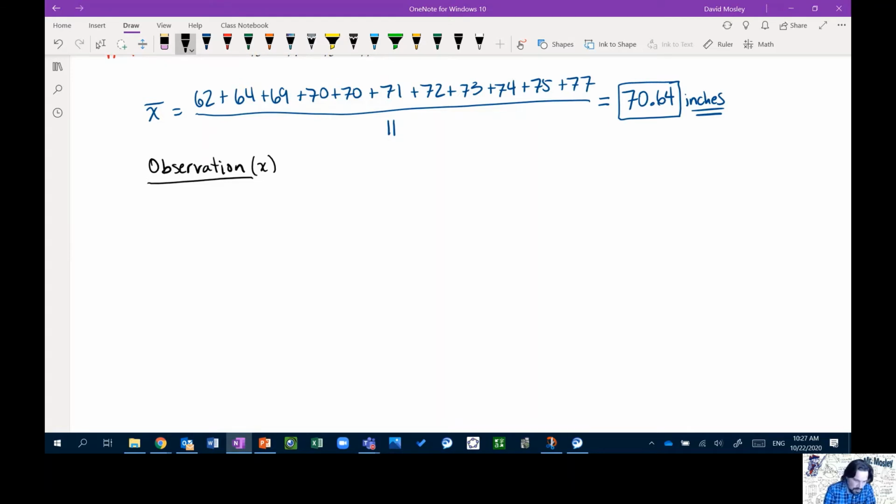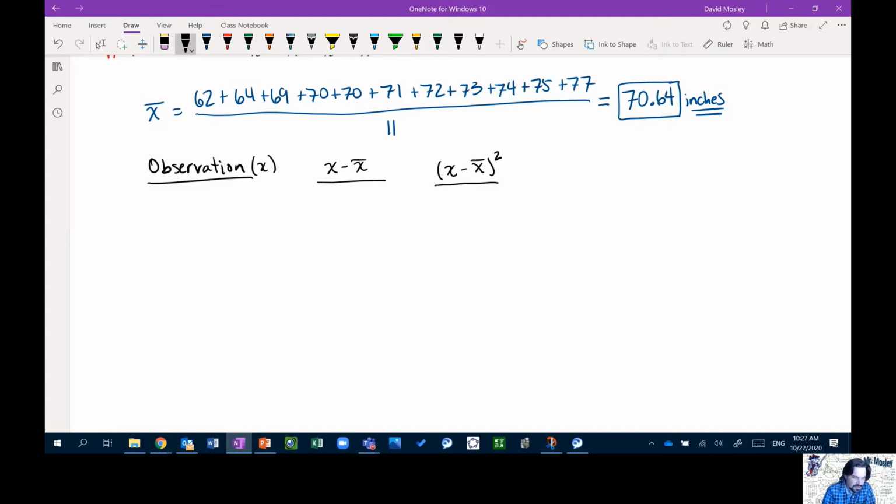Then we have the difference between the observation and the mean, which we'll say is x minus x bar. Then we have the squared difference of the means. So that will be x minus x bar squared.